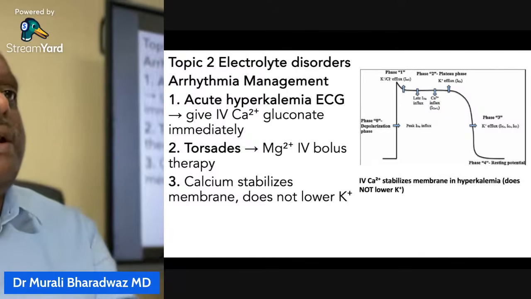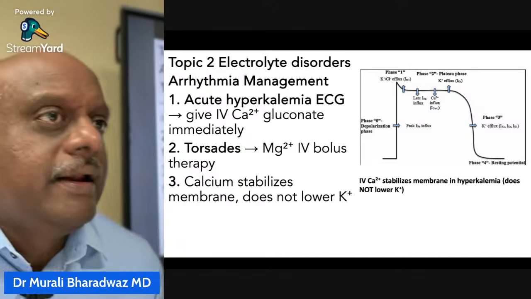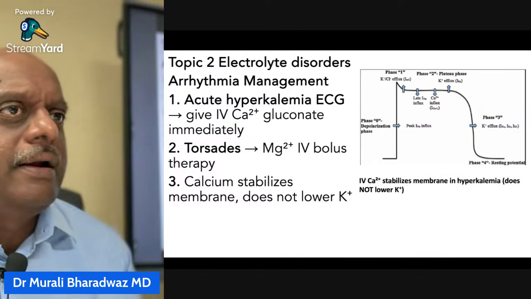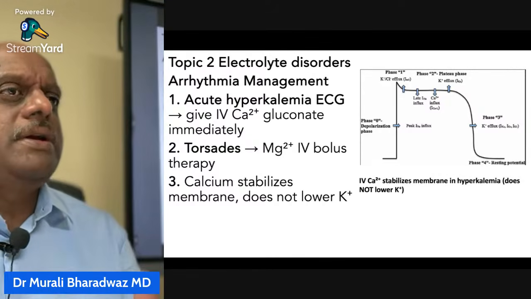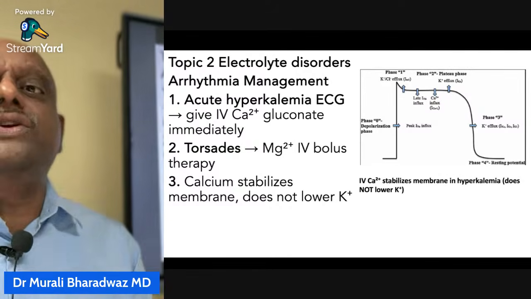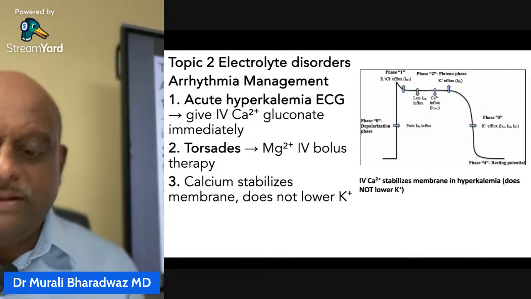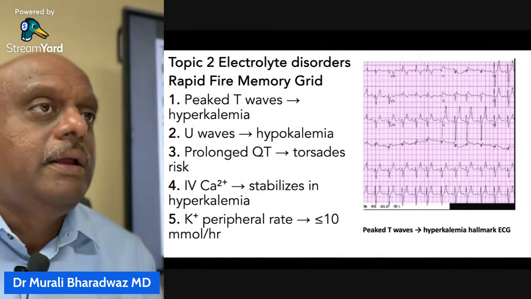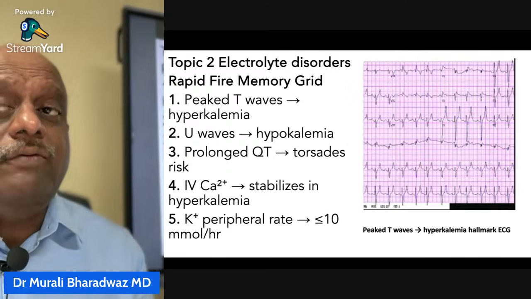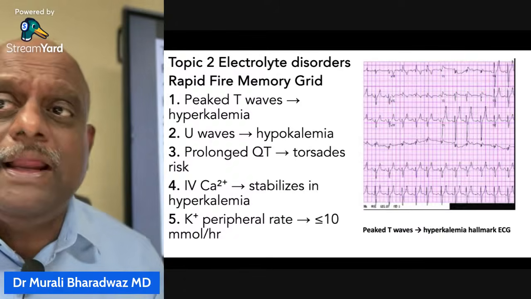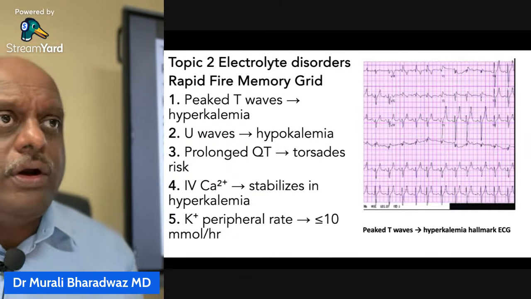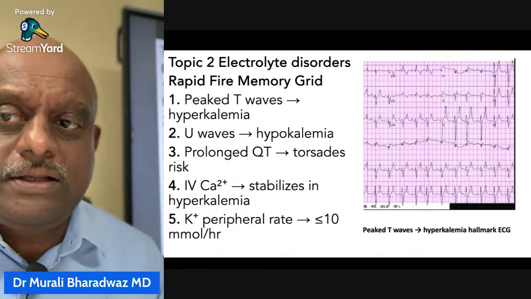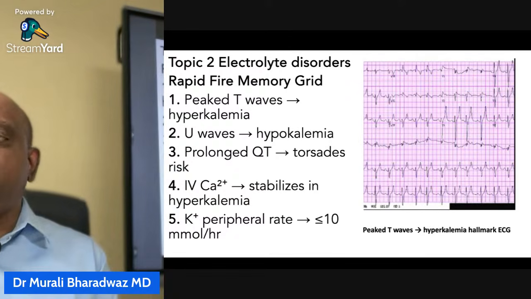More than 600 milliseconds leads to polymorphic VT. The treatment is an IV bolus of magnesium. Once more, peaked T waves are a feature of hyperkalemia, U waves in hypokalemia, prolonged QT, Torsades de pointes. These are the points you should not forget.